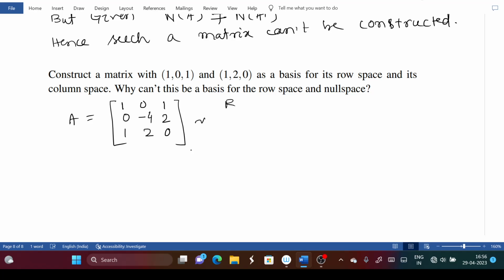Now let us write down. So here, let us find out its echelon form. It is R3 minus R1 stored in R3. So it is 1 0 1 0 minus 4 2.